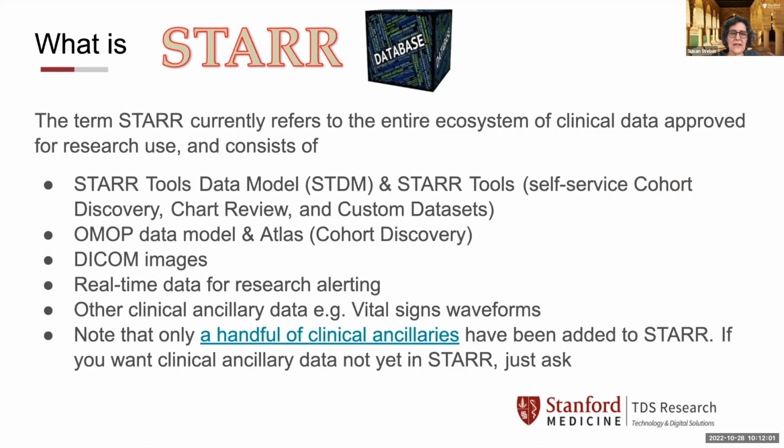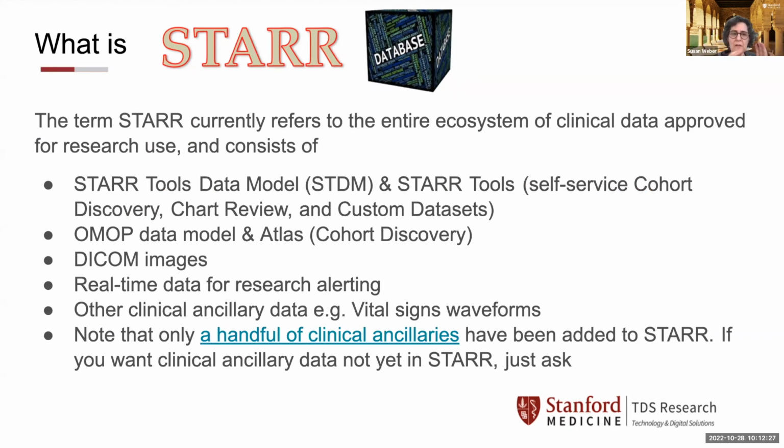So what does the term STARR include? It's somewhat variable. Depends who you talk to, what they are referring to by STARR. A lot of people tend to misapply the term STARR to refer to the STARR tools, but in fact, STARR refers to an entire ecosystem of clinical data and the accompanying tools that are approved for research use.